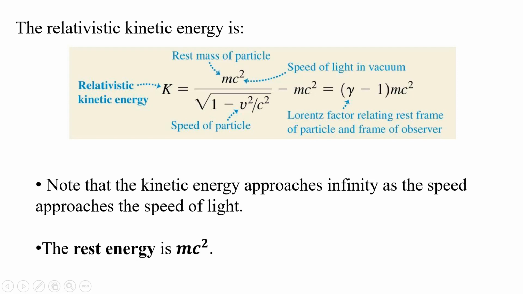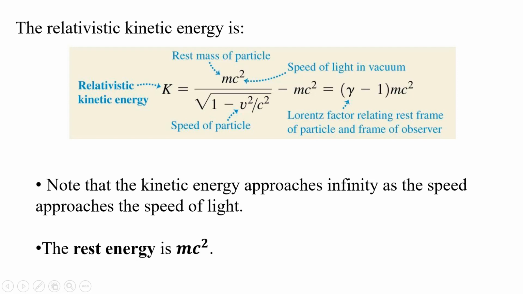We can factor out mc squared, and then we have 1 over the square root of 1 minus v squared over c squared, which is just gamma, minus 1. So we have (gamma minus 1) multiplied by mc squared.